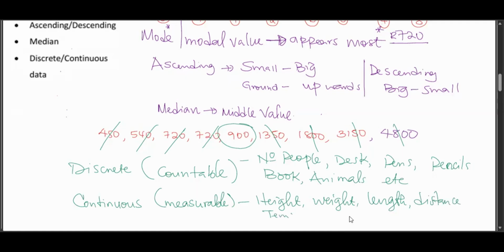Things that we measure. Volume, capacity. This is continuous. So please understand that: countable, measurable.